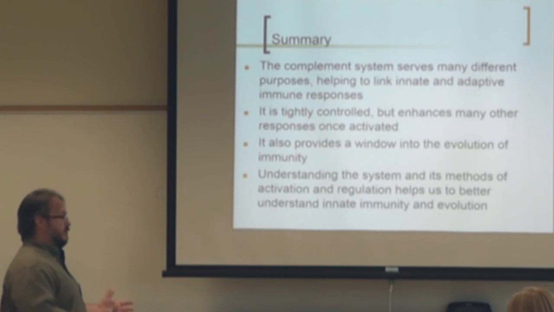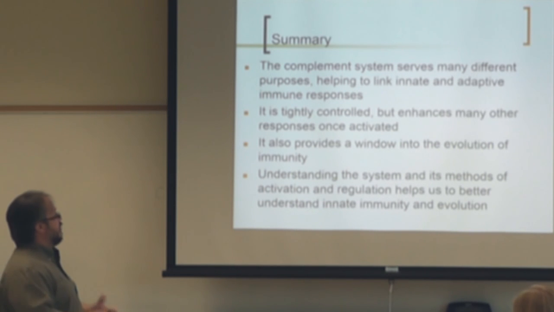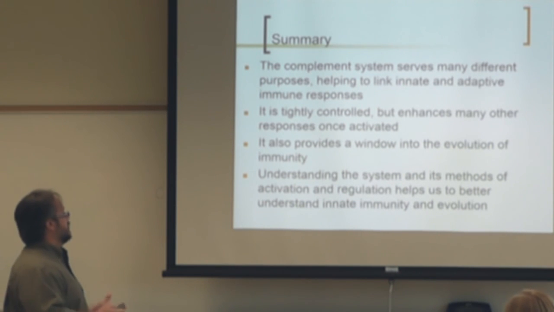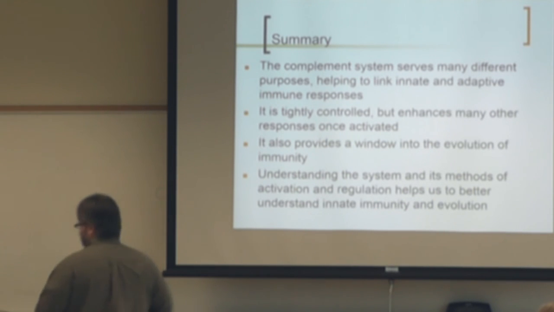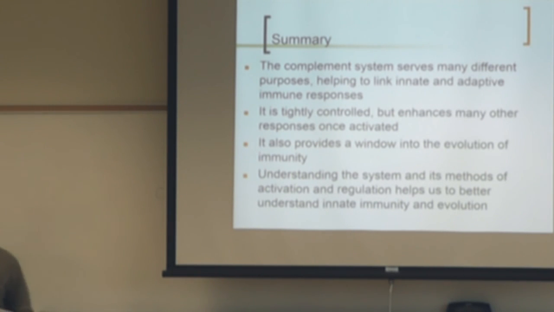The system was already there and worked well. Our adaptive system evolved to use those to its advantage and to be alerted by those and work in conjunction with the complement system. Understanding the system and its methods for activation and deregulation helps us better understand innate immunity evolution. Also, being able to treat a lot of these disorders.